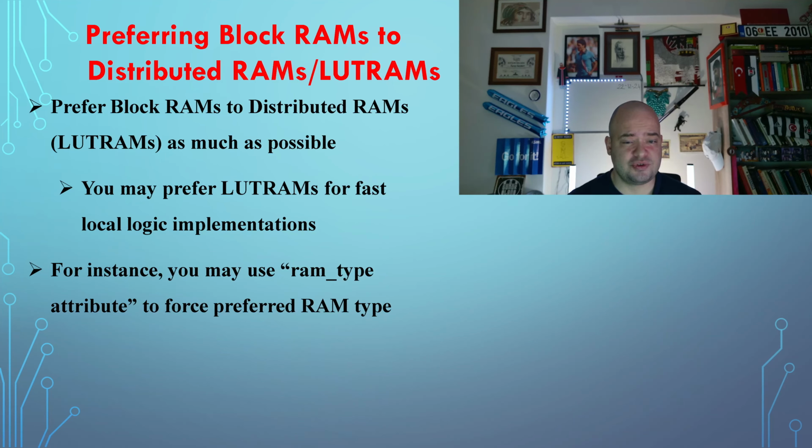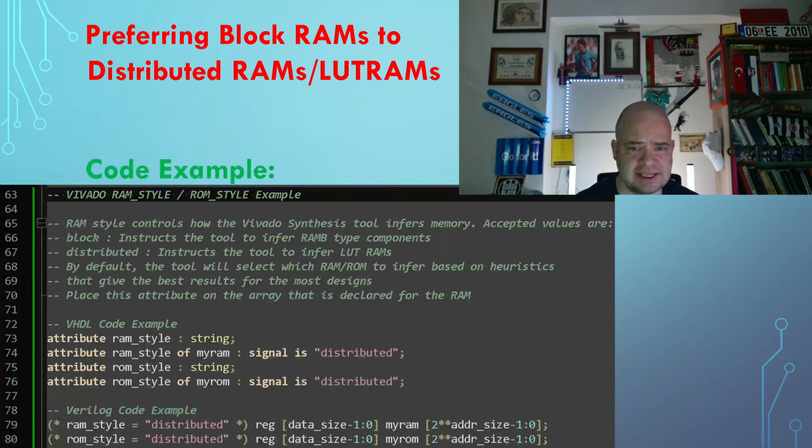And as I promised last Wednesday, I am providing some code examples in the next slide with some comments as well. This is for Vivado, the AMD Xilinx electronic design automation tool, as many of you know. Here it's a RAM style, also ROM style attributes. Let's read the comments fast.